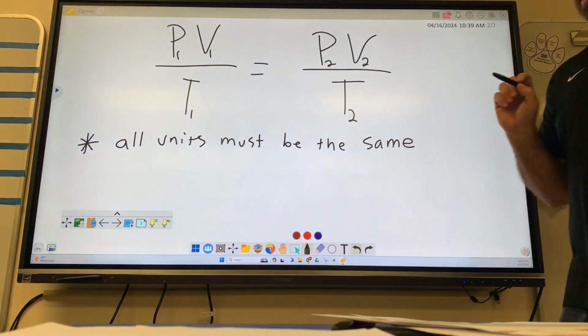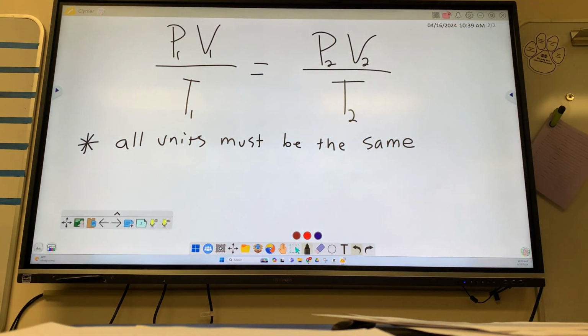All of your units must be the same for each of these things. So where you have pressure on the left in, let's say, kilopascals, you would need pressure on the right in kilopascals. A Newton per square meter, but that's not important right now.